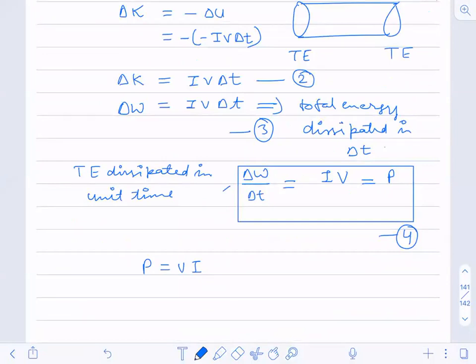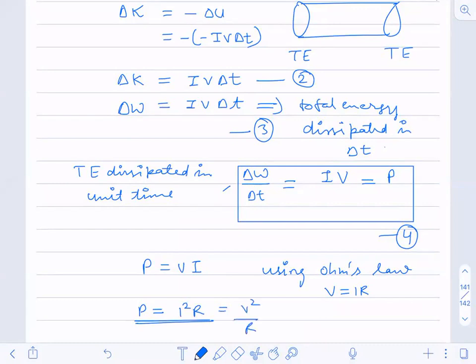Now using Ohm's law, V is equal to IR. So I can substitute the V value here, and then I will get P as I squared into R. I can also write it as V squared by R if I substitute the I value, which is V by R. So once you substitute V or I, you will get these two values.